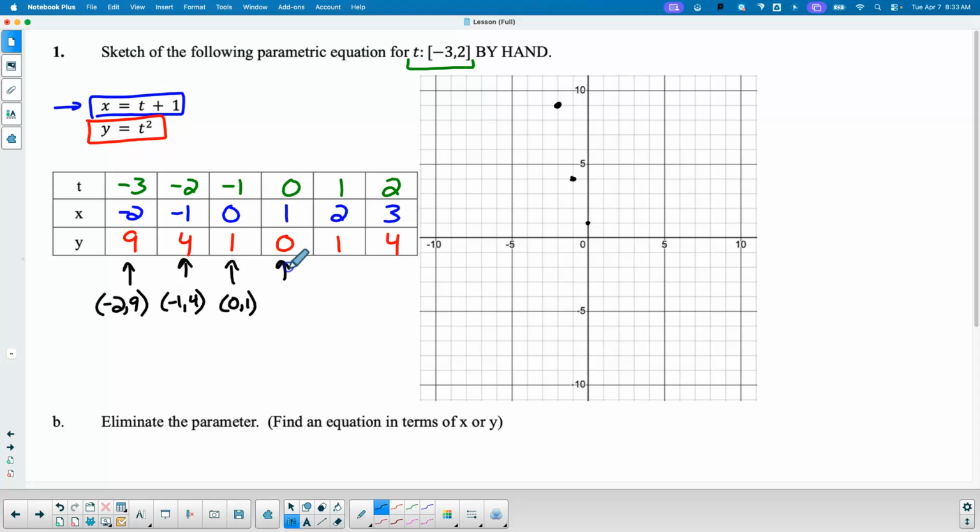This is the point 1, 0. This is the point 2, 1. And this is the point 3, 4.